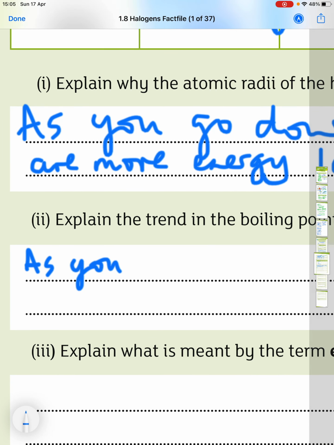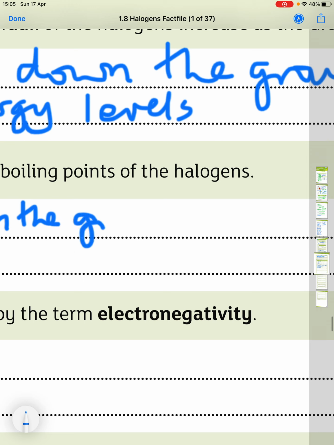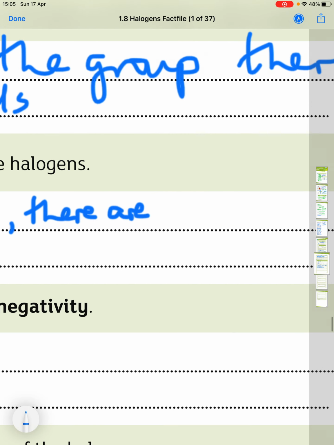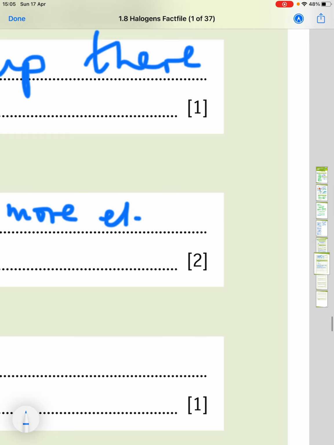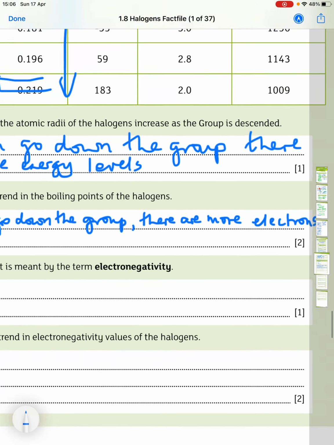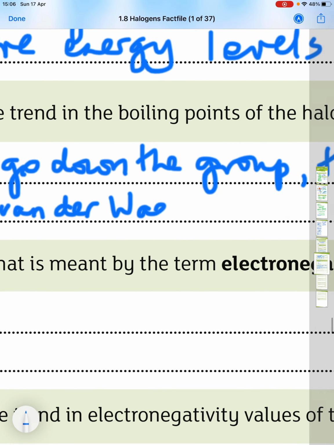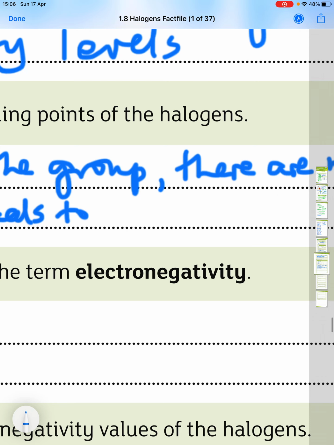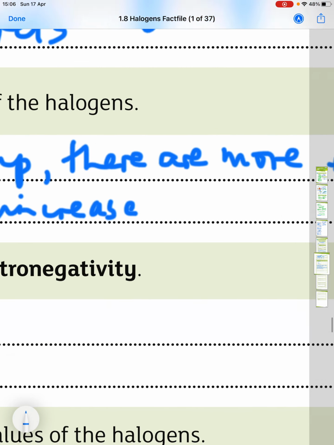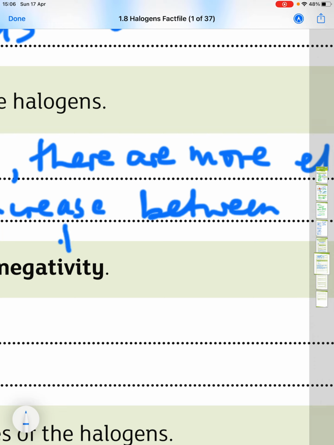So as you go down the group, there are more electrons, and that causes the van der Waals to increase between the molecules.